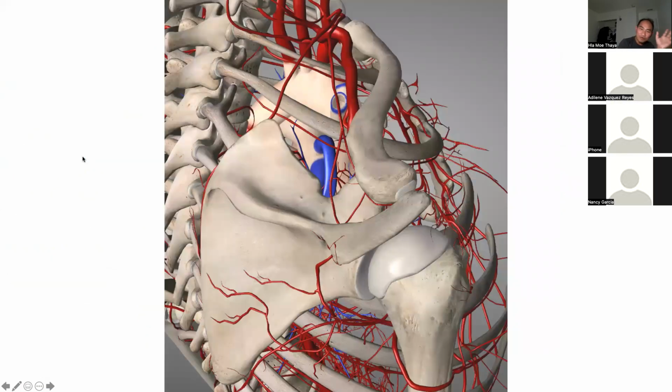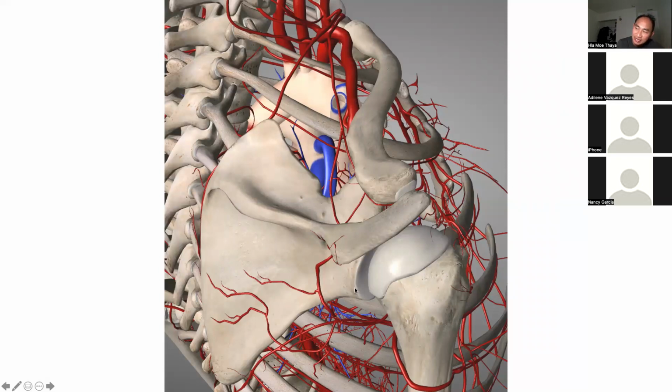So if you stand on the posterior and lateral aspect of the skeleton, this is what you are going to see. You can see the clavicle here, which is anterior. You can see the acromion, which is pointing forward, and the coracoid process, which is too anterior for us to see from the back.